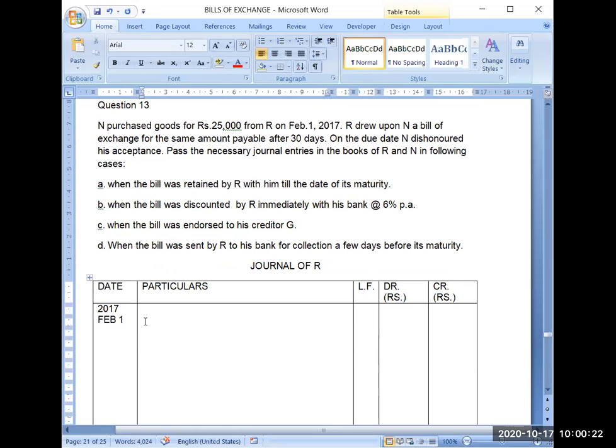So R will record a sale transaction on Feb 1, and the goods are sold to N. N debit to sales account. Amount of sale is 25,000.